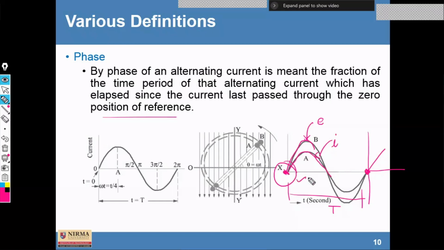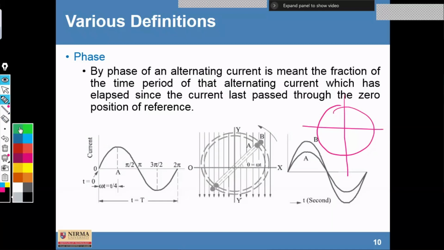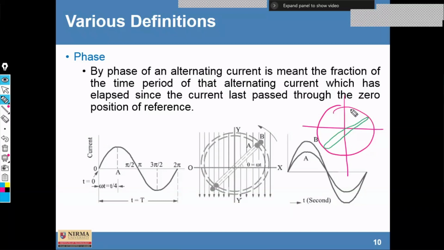Fine. Now suppose consider another case. If there are two different coils with difference in angle theta. Suppose this is your number 1 and this is your number 2.